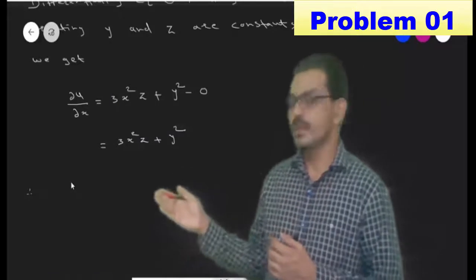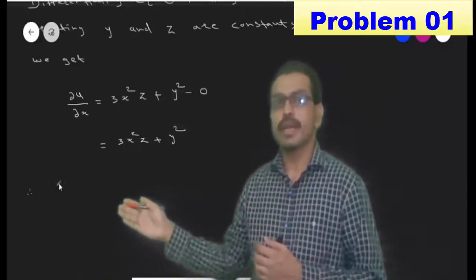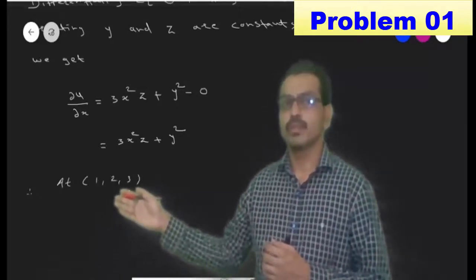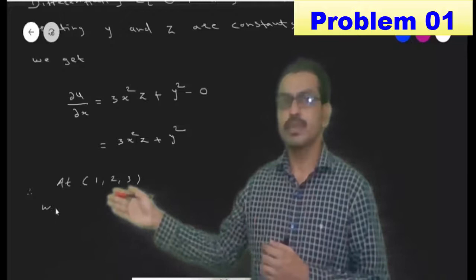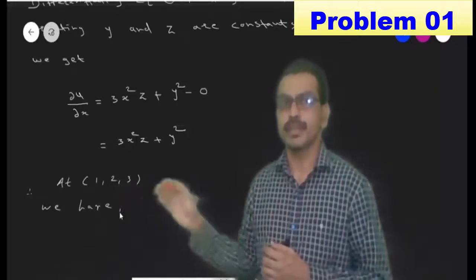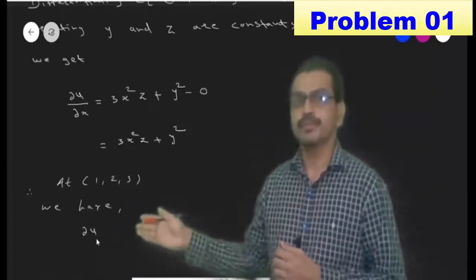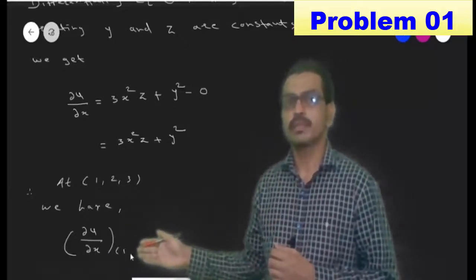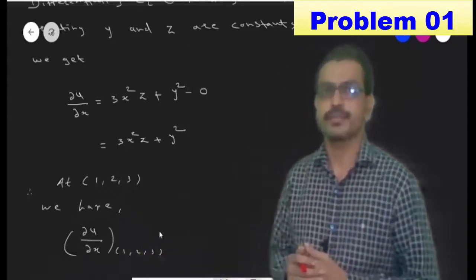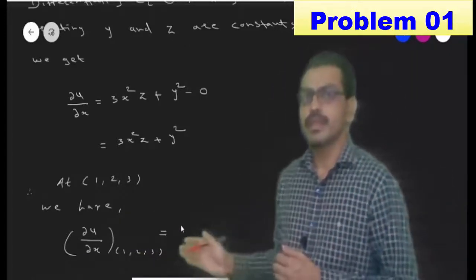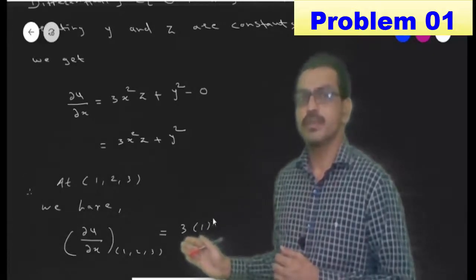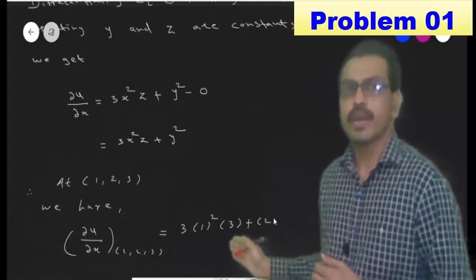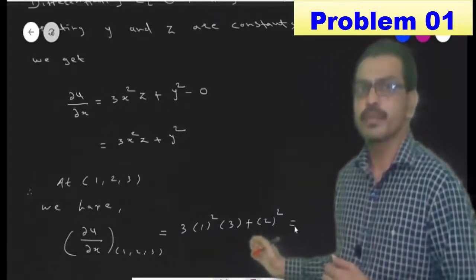Therefore ∂u/∂x at the point (1, 2, 3), that is here x equal to 1, y equal to 2 and z equal to 3, is equal to 3, putting x equal to 1, z equal to 3, and y equal to 2, that is here 2 square.